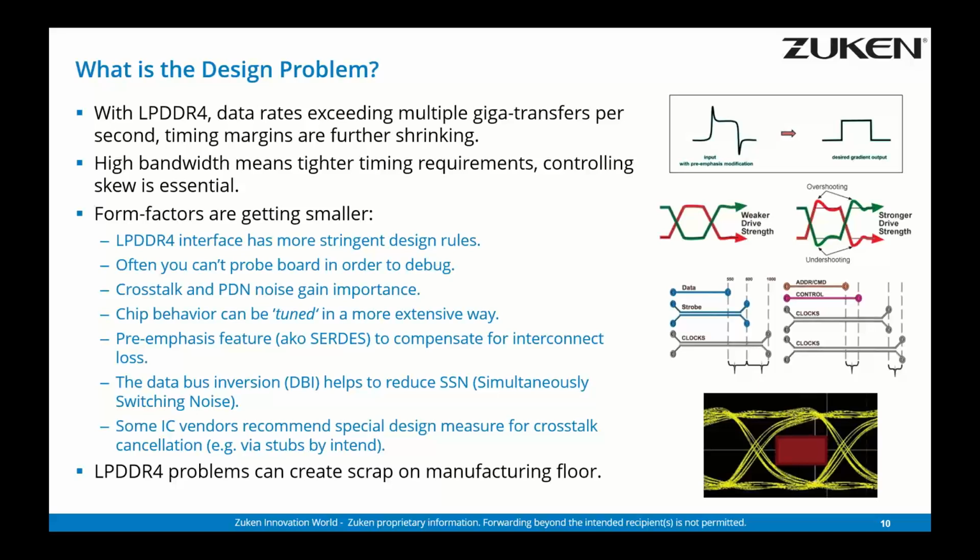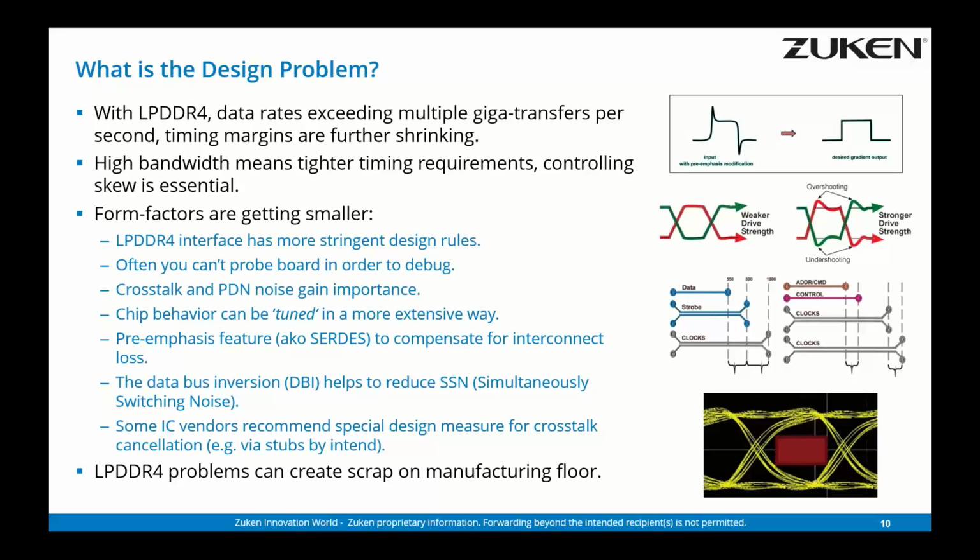And that's a kind of complex problem. So it is similarly complex to implementing PCI Express on the board. You have to cope with losses, simultaneous switching noise. The technology tries to avoid these by this data bus inversion feature. And some IC vendors even define special measures, for instance, to cancel crosstalk effects or how wires should be designed.